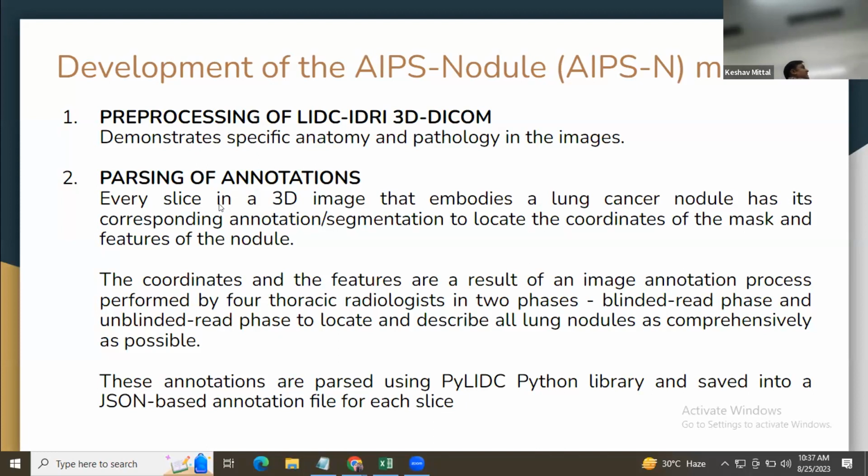Let's say K, then malignancy. We have L, M. You know, some numbers, some information is available. Is that clear?